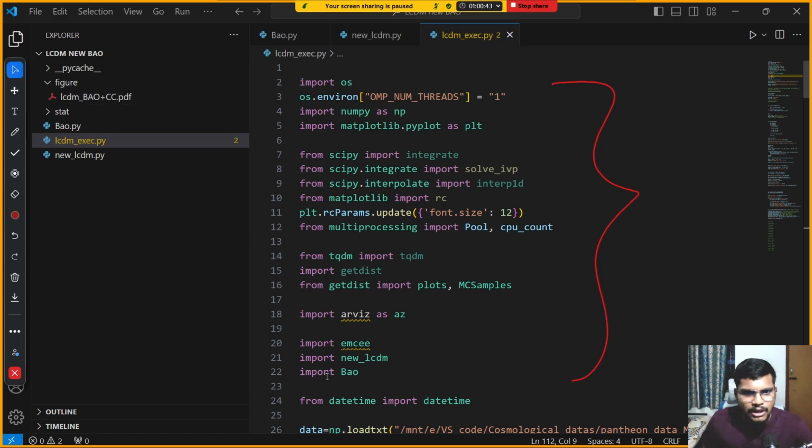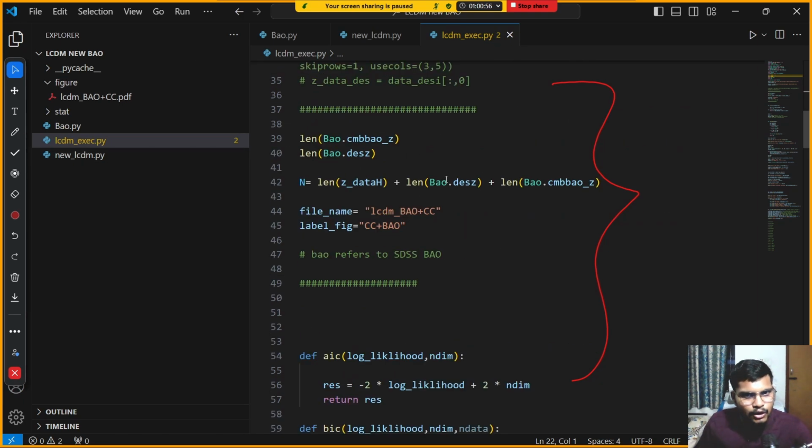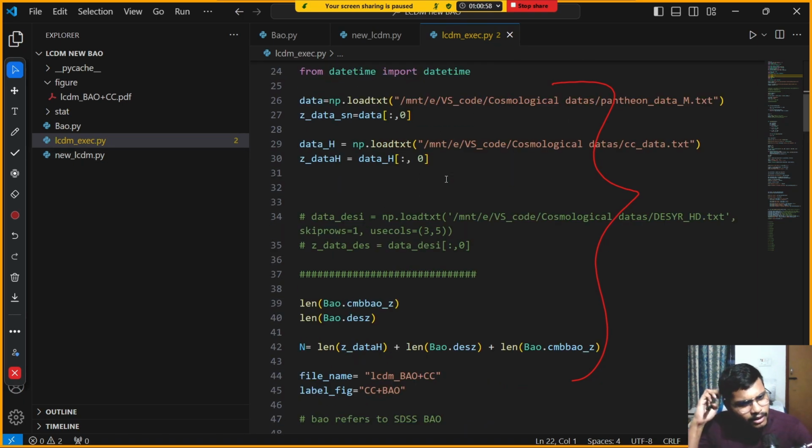See over here, again I also import BAO, because I want to calculate my AIC, BIC, and so on and so forth. Therefore I want to know the length of the data set. First of all, I import all the data sets, so I can get the length of the CMB BAO data, the SDSS data length, and the DESI data length. I have just imported BAO, and from BAO I have this whole Z data.